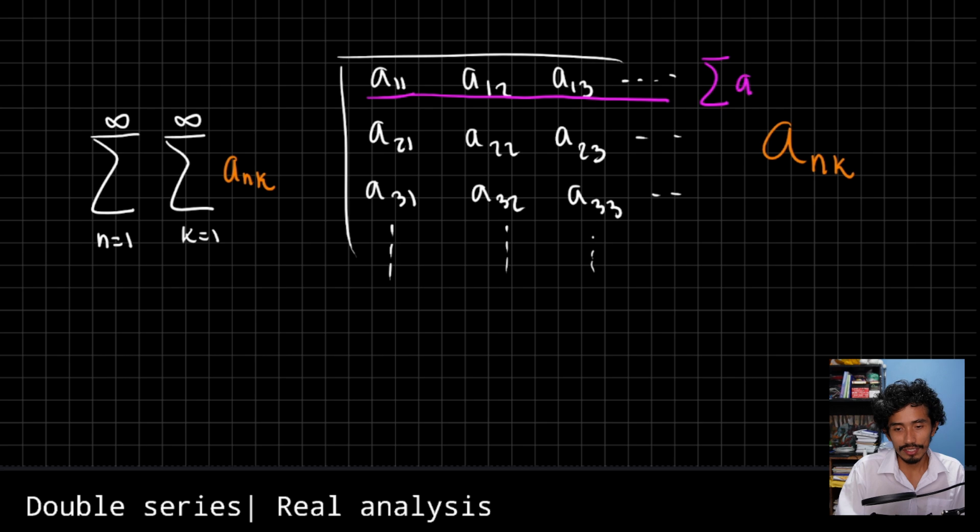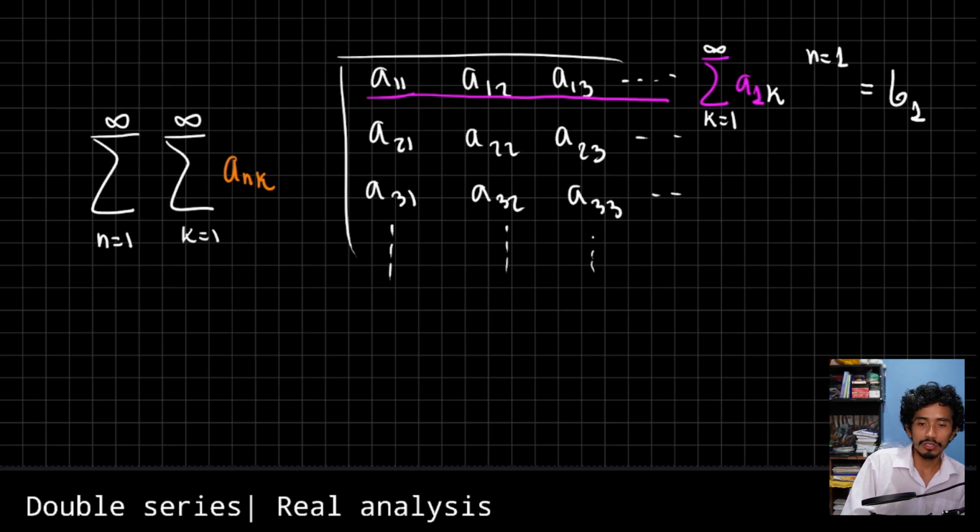If we fix the first index, n equals 1, and we let k span its whole range, this will be some number. Let's call it B1.